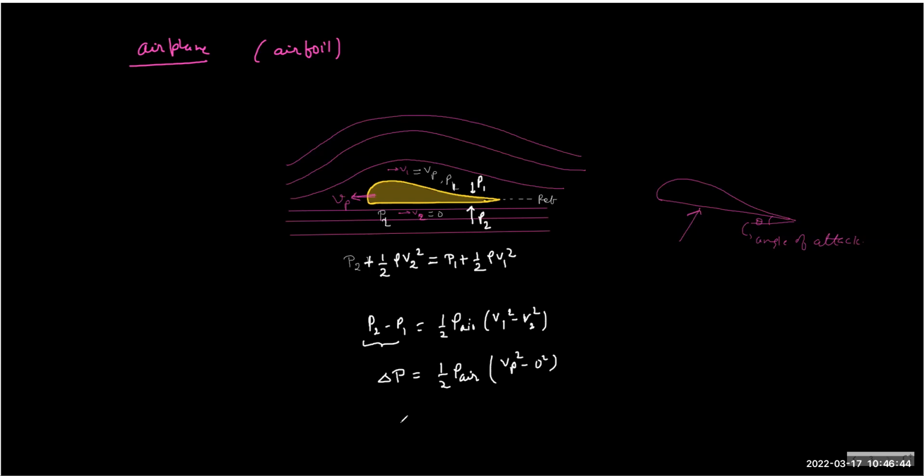Therefore you can see that there is a relationship between the plane velocity and the delta P: half rho Vp square is delta P. So if you try to move really very fast, then what is the maximum possible value of delta P?